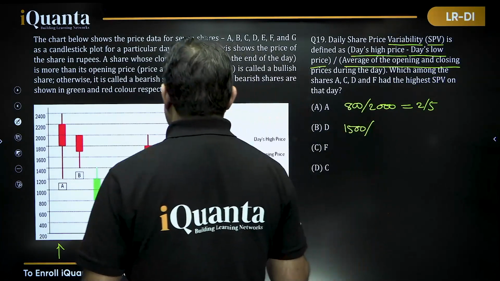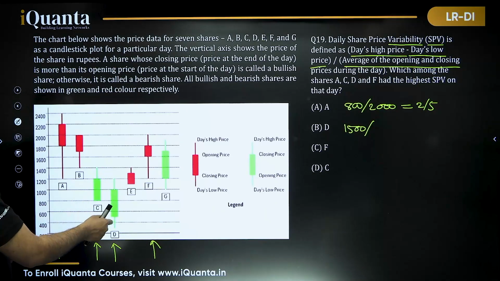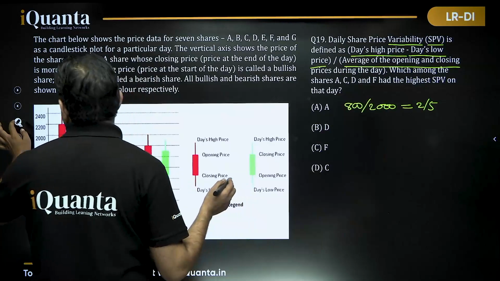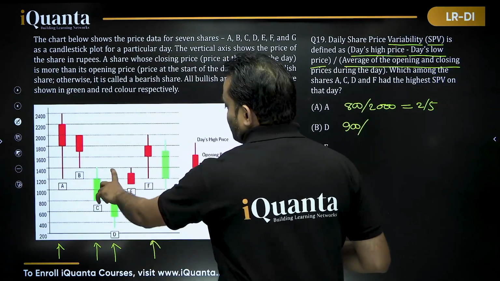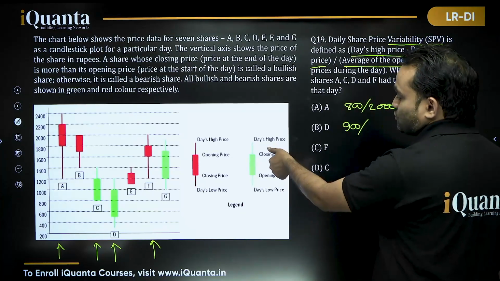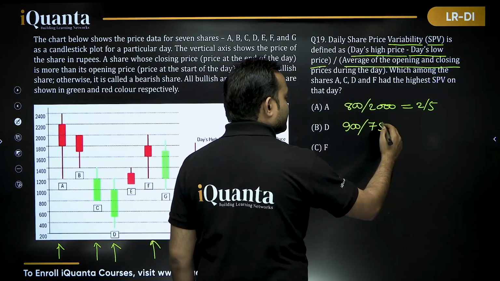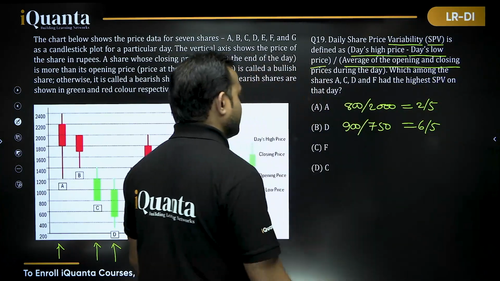One second, let me check the difference here. This is 1200 and this is 300. So we need to take the difference. So this will be 900. 900, and the sum was 1500 for closing price and opening price. That divided by 2, the average will be 750, which is equal to 6 upon 5.